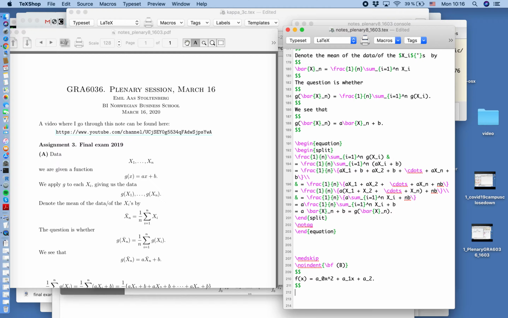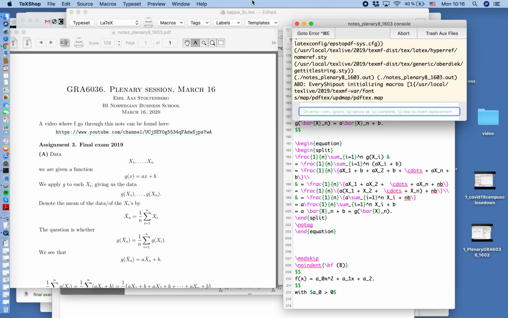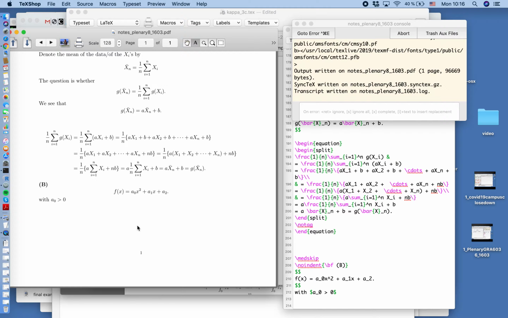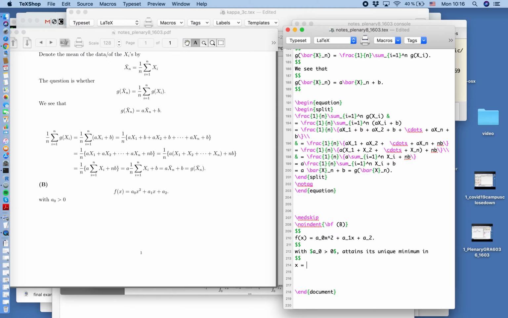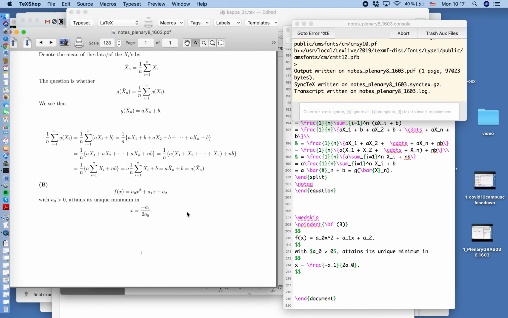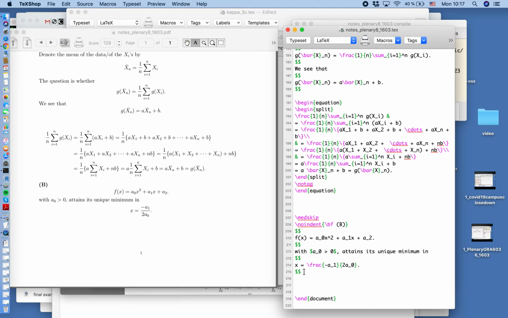And we are being told that, with a0 strictly positive, it attains its unique minimum in the point x equals minus a1 over 2 a0. So this is the information we are given in the exercise.